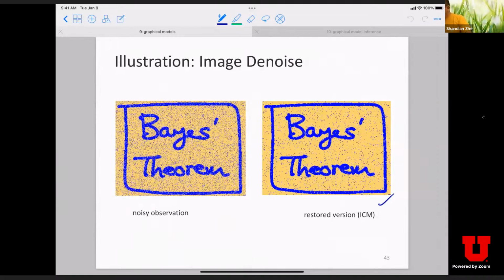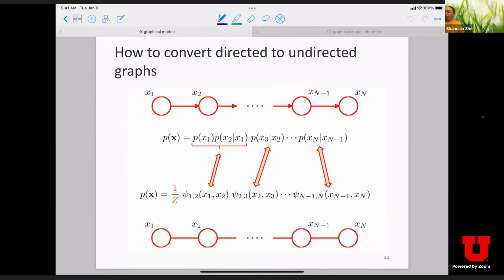Okay, so there's an interesting question. Suppose I already have a Bayesian network, how do I convert it into an undirected graphical model? First, let us use a chain Bayesian network as an example. Suppose x1, x2 to x big N in the network form a chain.